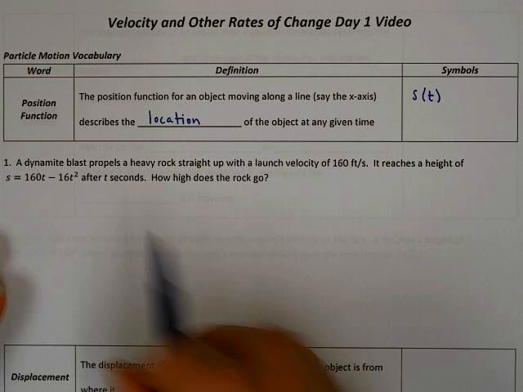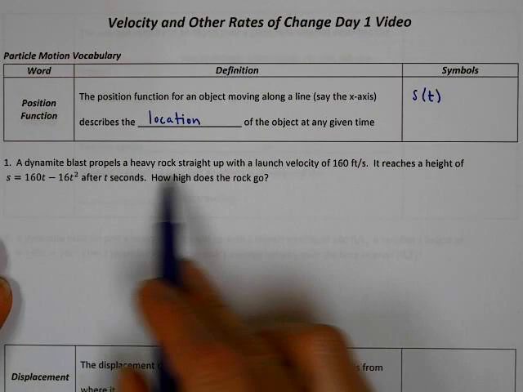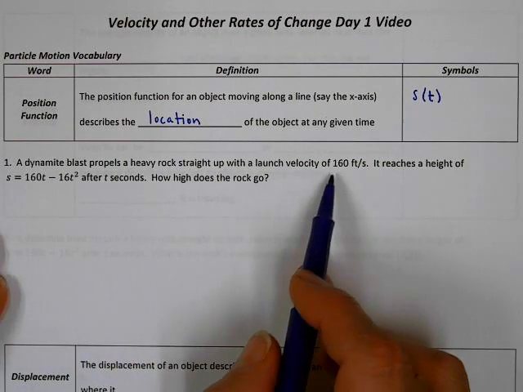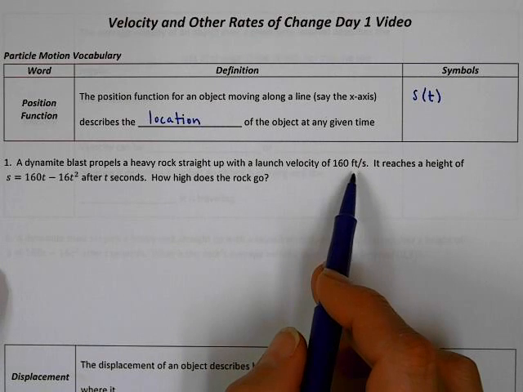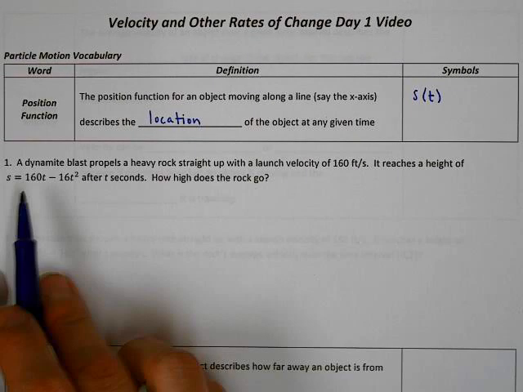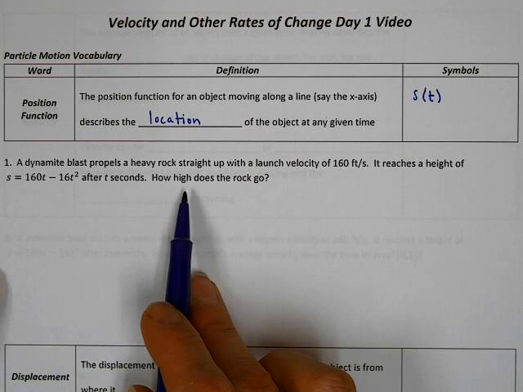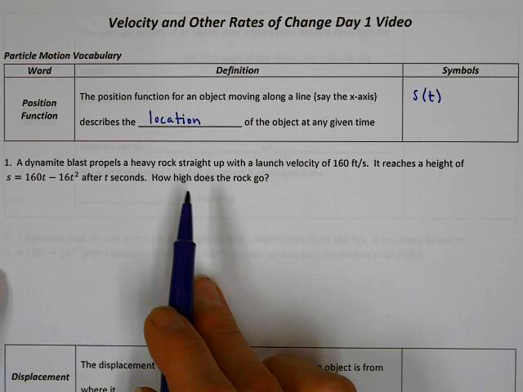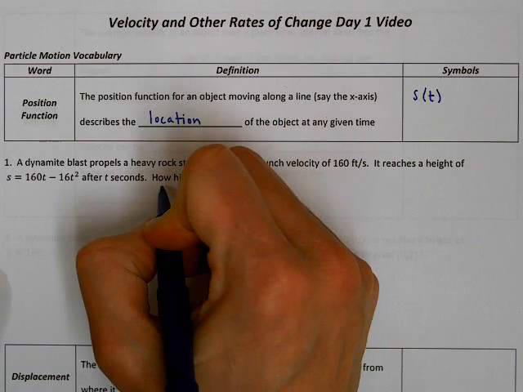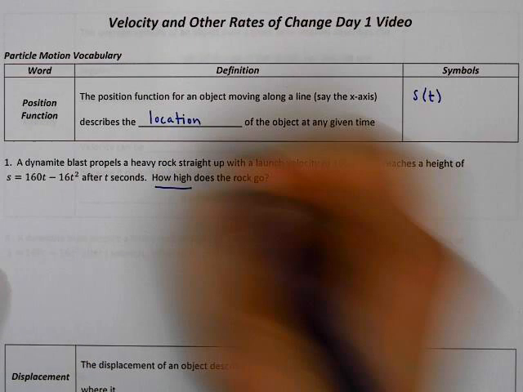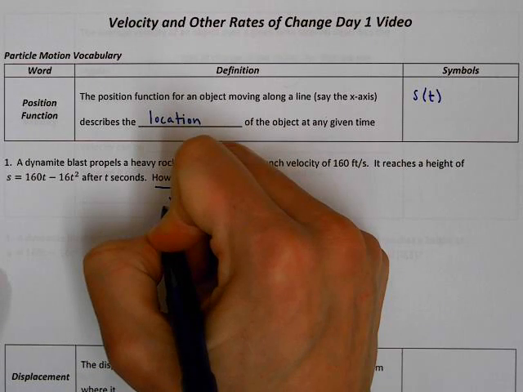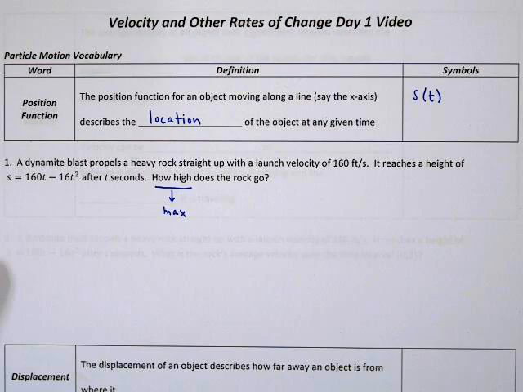So for example, it says a dynamite blast propels a heavy rock straight up with a launch velocity of 160 feet per second. It reaches a height given by this position function after t seconds, and it wants to know how high does the rock go. Now, if they're asking how high, we want to know the maximum of that function.